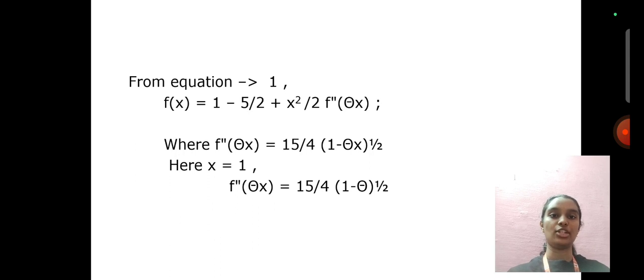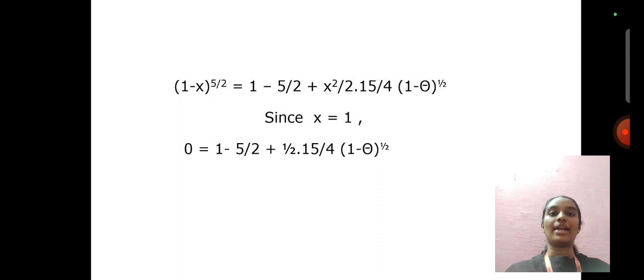By substituting x = 1, we get f''(θ) = 15/4 (1 - θ)^(1/2). So (1 - x)^(5/2) = 1 - 5/2 + (x^2/2) (15/4)(1 - θ)^(1/2). Since x = 1, we get 0 = 1 - 5/2 + (1/2)(15/4)(1 - θ)^(1/2).